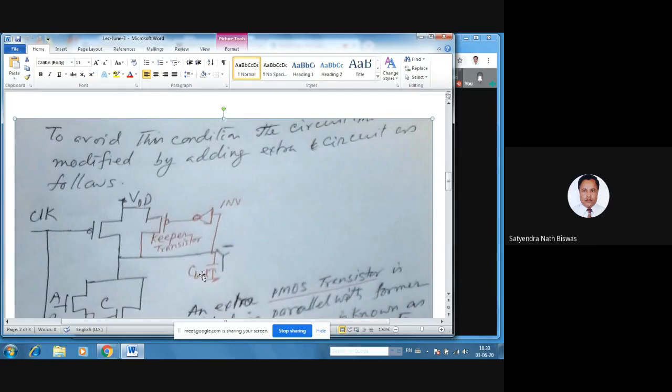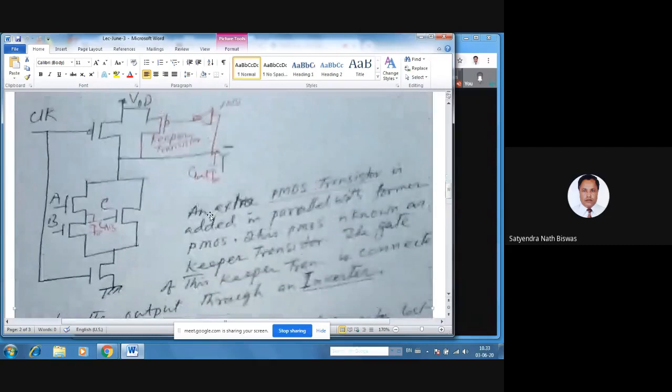But you see, in this case we need an extra keeper transistor, and also we need 2 transistors for the inverter. Right? So we need 3 extra transistors. In this small circuit it is not savings. But for a bigger circuit, we need only 3 extra transistors, on top of those, where so many PMOS transistors are here. Let's say we consider a 50-input Boolean equation.